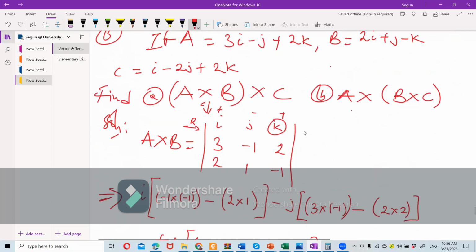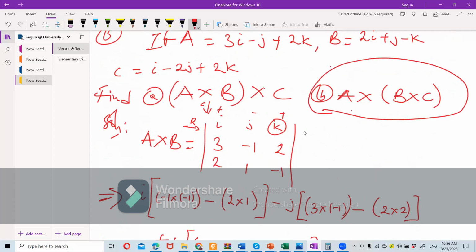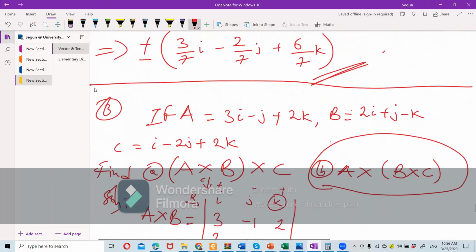So I will allow you to go and solve. Don't let me waste my time on B. I believe you can solve B and C. Can we give you the final answer and post it on the WhatsApp group, sir? Yes, please do that. I'm talking about B cross C here.